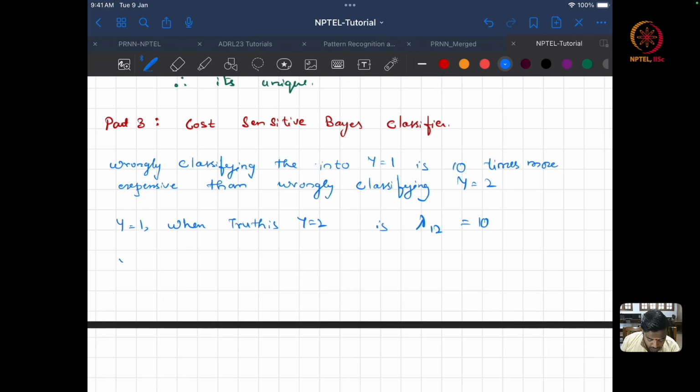Deciding y is equal to 2 when the truth is y is equal to 1 is lambda 2 1 equals 1. Whenever you have a correct classification, the penalty occurring is 0.